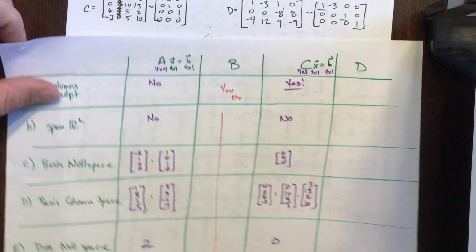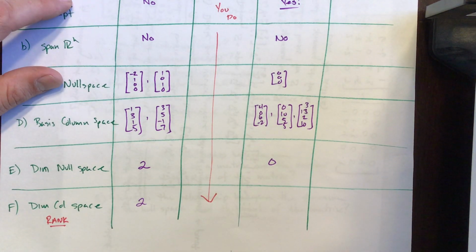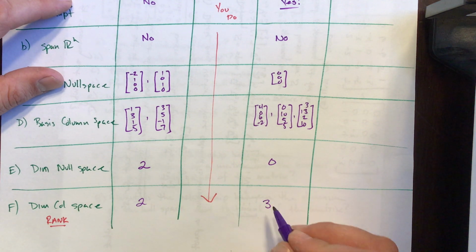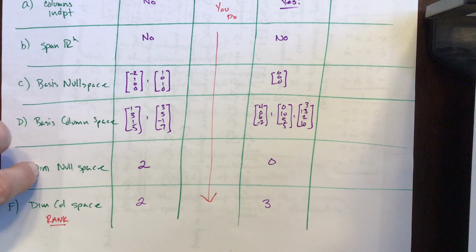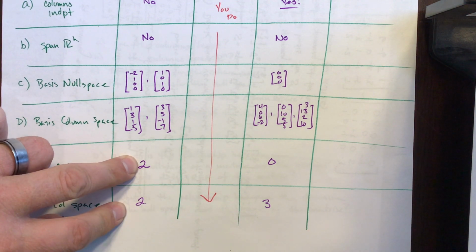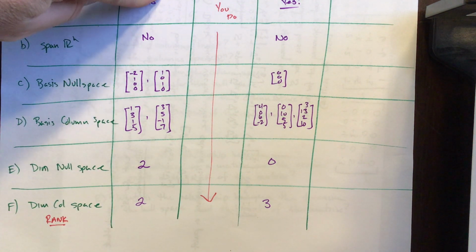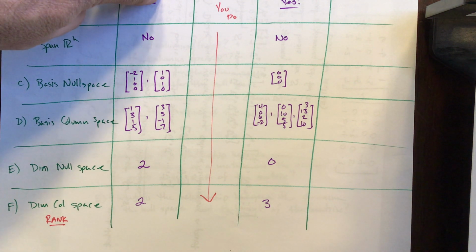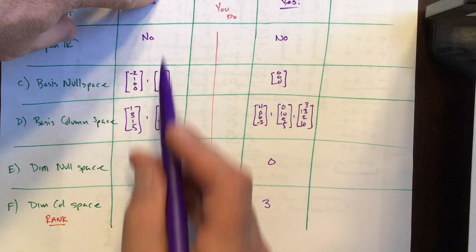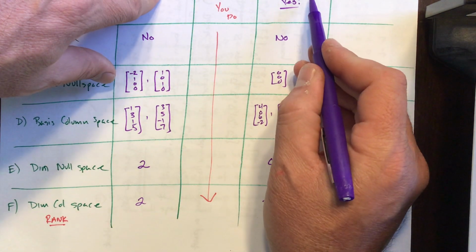Okay, what is the dimension for the column space of C? That is the rank. The rank of that is 3. And what you do want to confirm is that the sum of the dimension of the null space and the column space equals the number of components in, I want to call it your domain, but the vector you're multiplying the matrix by. So 3 plus 0 is 3.